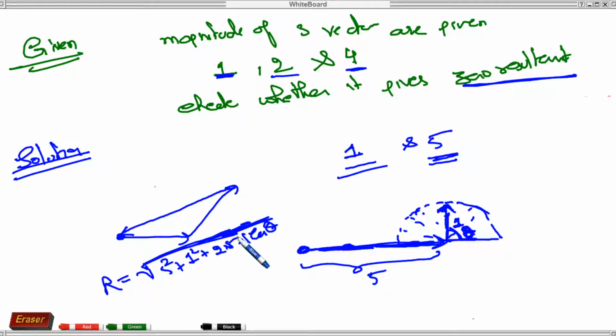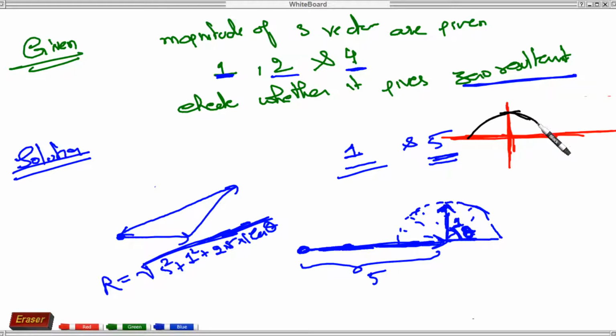I showed you the cos theta graph earlier. This is 0 degree, this is minus pi by 2, this is pi by 2, this is pi, and this is 3 pi by 2.